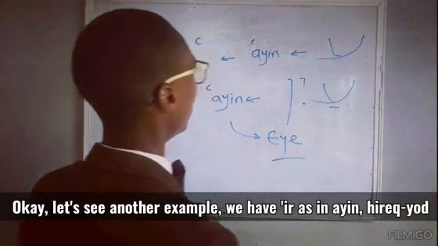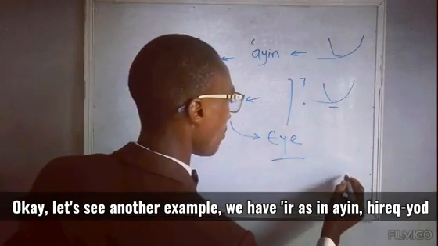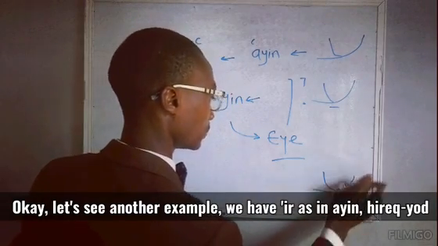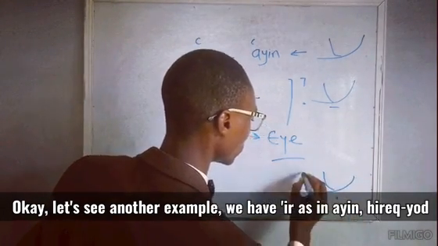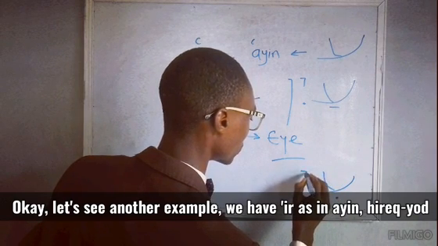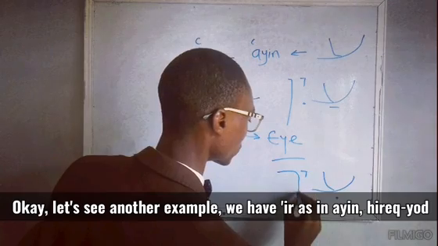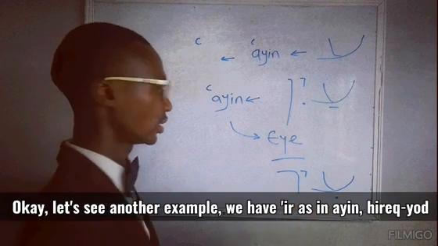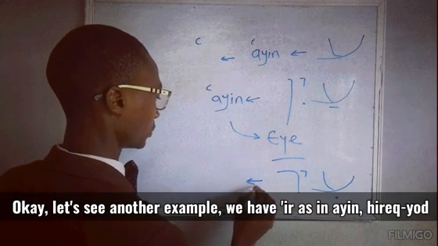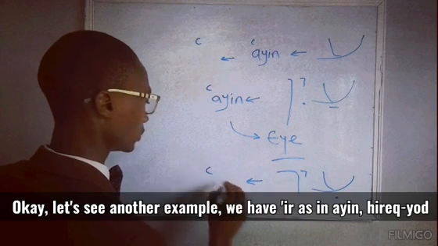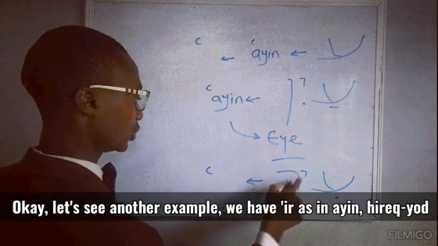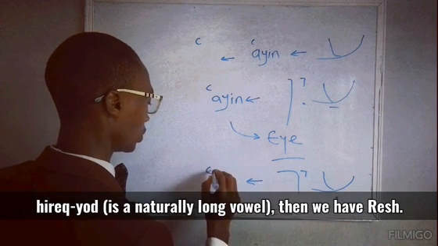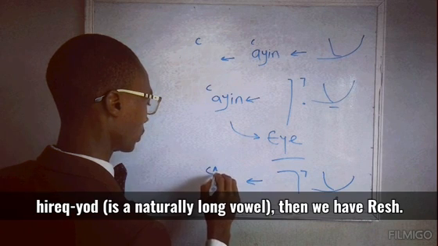Let's see another example, like Ir. Ir: we have Ayin, then erect Yod, which is a naturally long vowel.